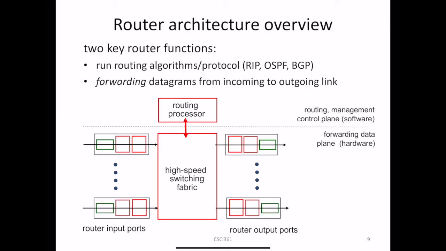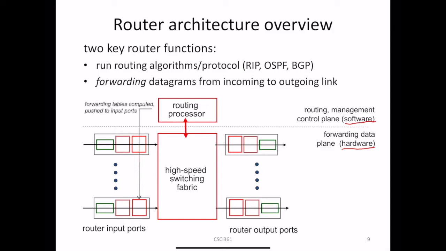The routing processor, which is like the CPU, runs the routing algorithms to generate the local forwarding table, which is on this level above this dash line. Actually, these routing functions are implemented at the software level. But the forwarding function is implemented at the hardware level, which is under this dash line.